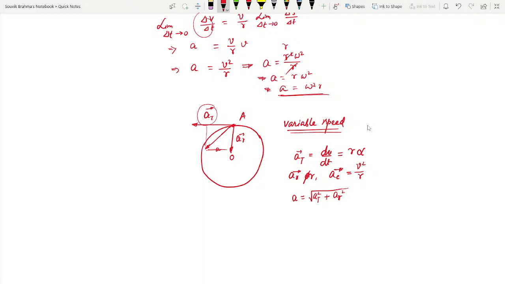So this is the resultant acceleration of the particle when it is moving along a circular path of radius r with a variable speed v. Clear?